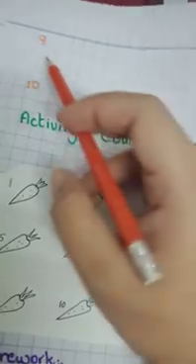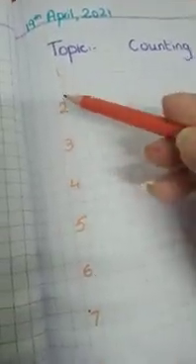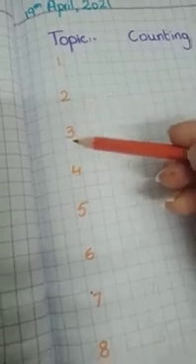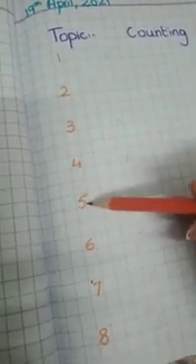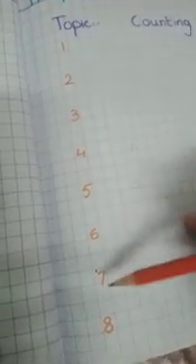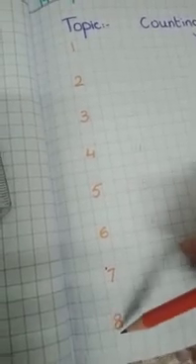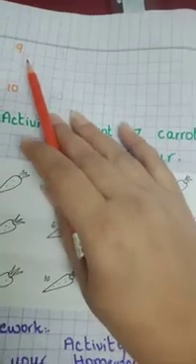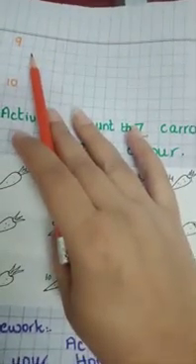These are ones. Again, 1, 2, 3, 4, 5, 6, 7, 8, 9. We call it? Yes, ones. Very good.